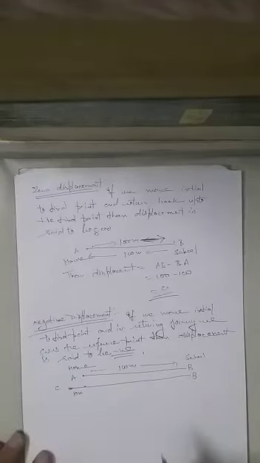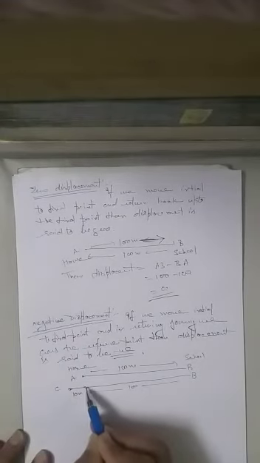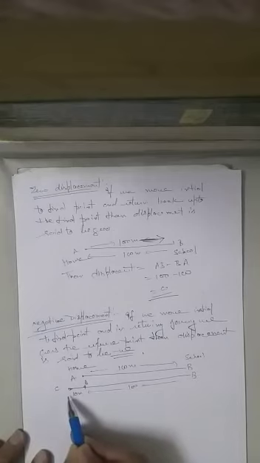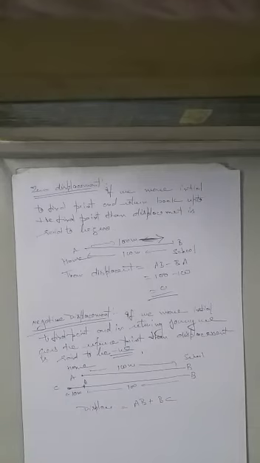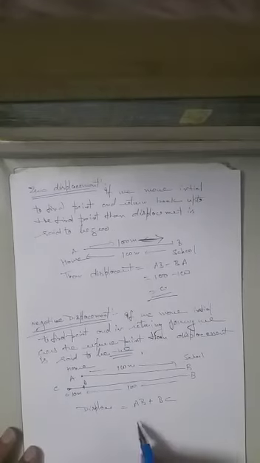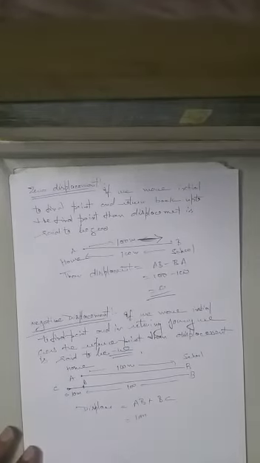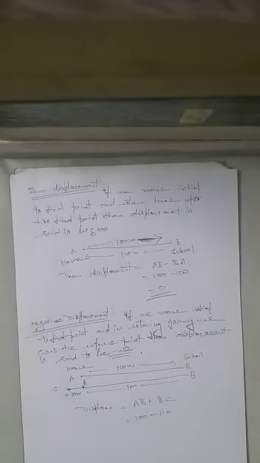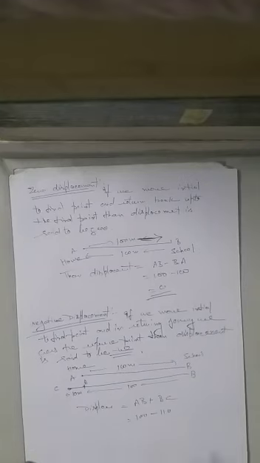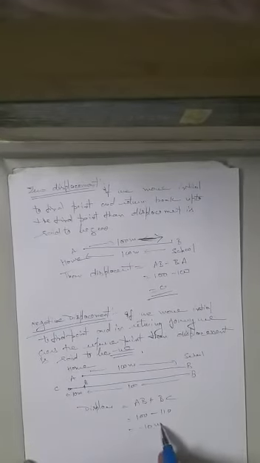In this case, the displacement is negative because displacement is AB plus BC. Here we move away 100 meter and come back by 110 meter, and because the direction is opposite, we take the negative sign and we get minus 10 meter.